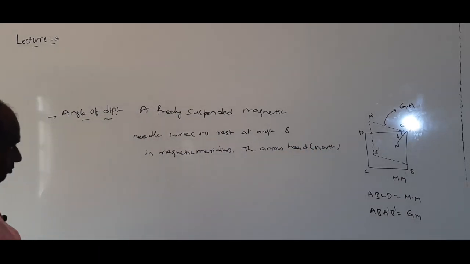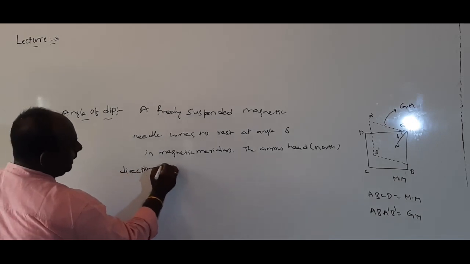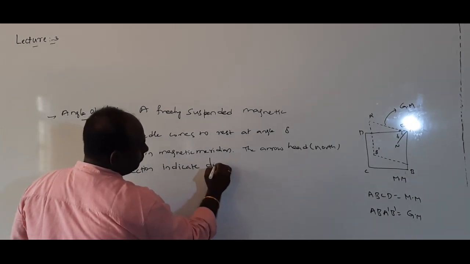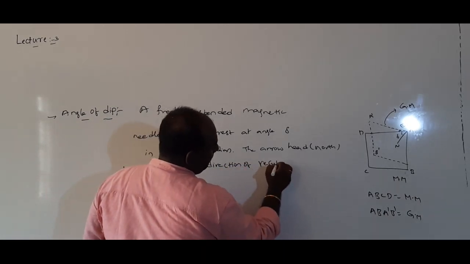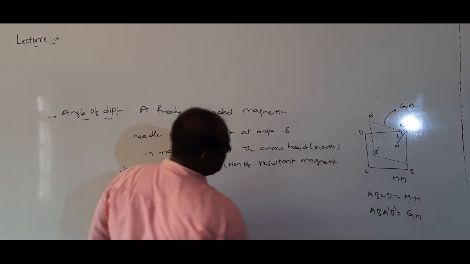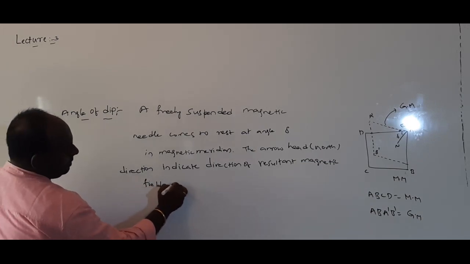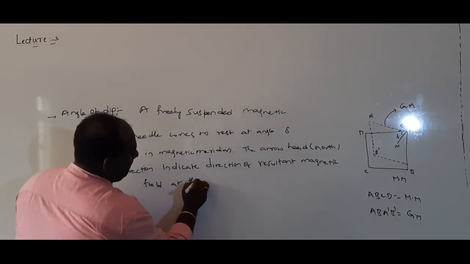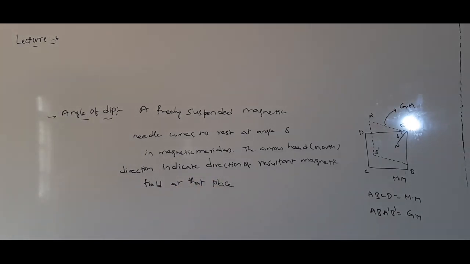The arrowhead direction indicates the direction of resultant magnetic field at that place. This angle keeps on changing from place to place.